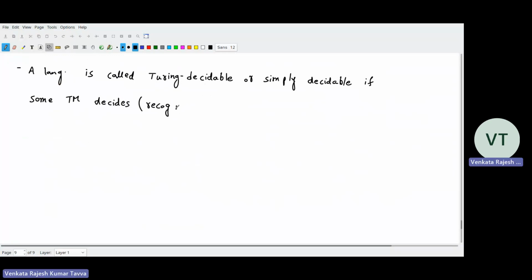Decides means recognizing. It is also called a recursive language.